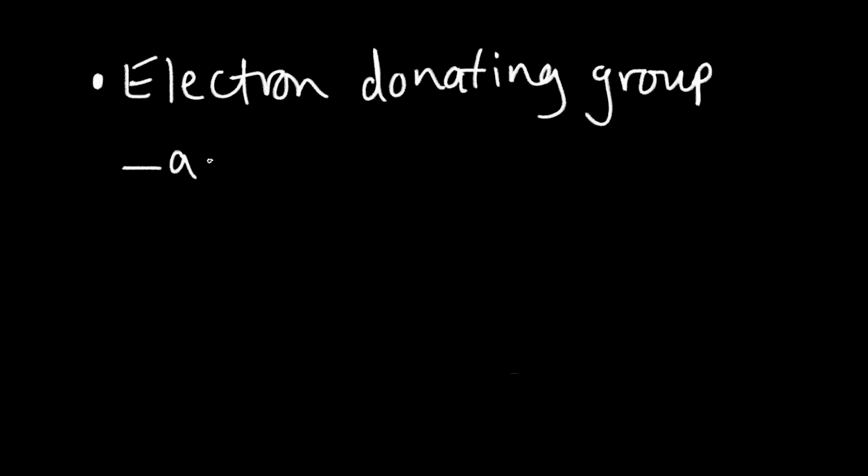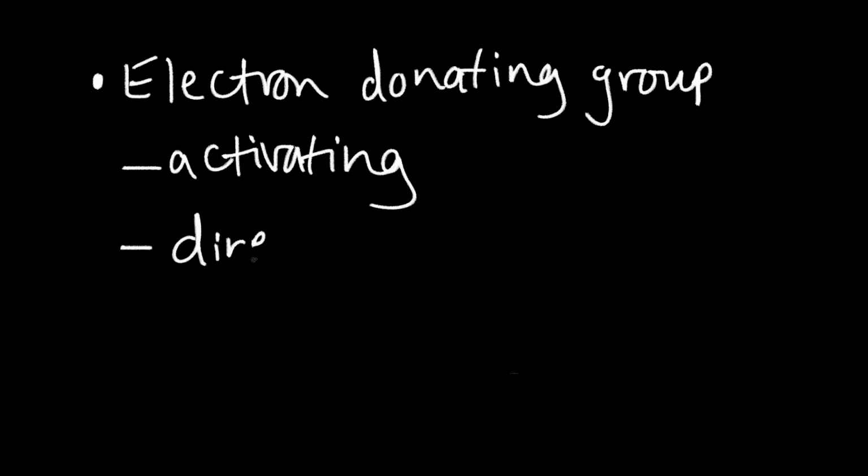Let's summarise this. Phenol is an example of an electron donating group because it has that lone pair of electrons. It is an activating group because it makes the ring more reactive towards electrophiles, and it directs towards the 2, 4 and 6 positions.